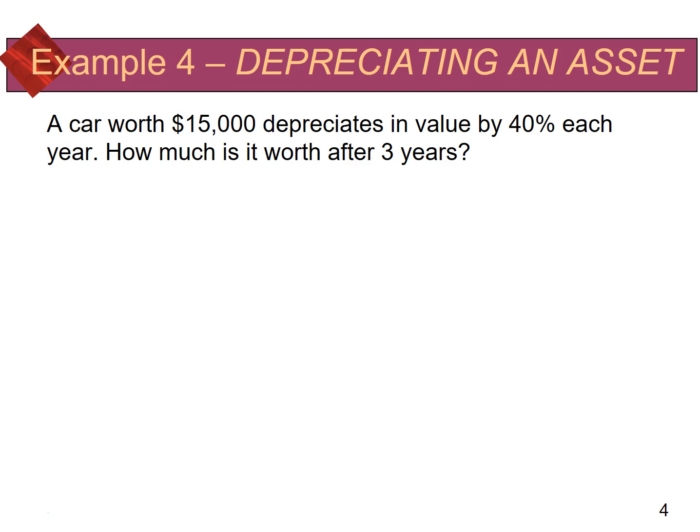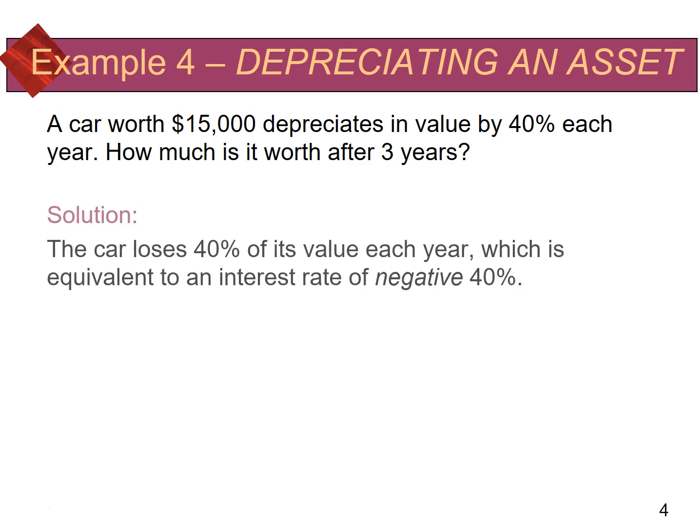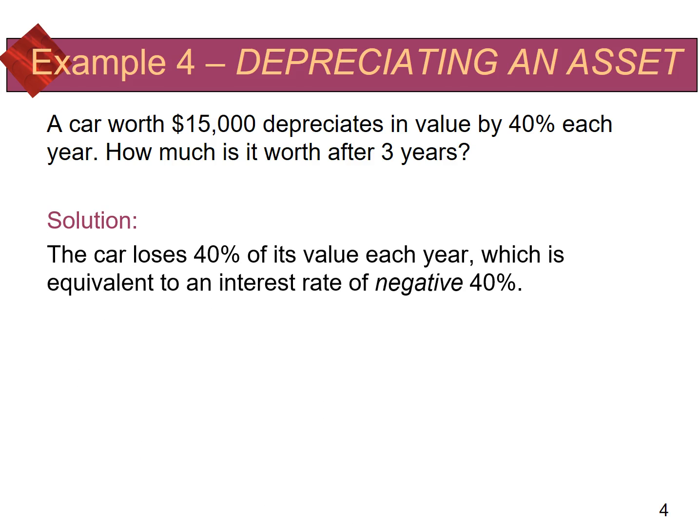As an example, a car worth $15,000 depreciates in value by 40% each year. How much is it worth after 3 years? Since the car loses 40% of its value each year, that's equivalent to an interest rate of negative 40%.